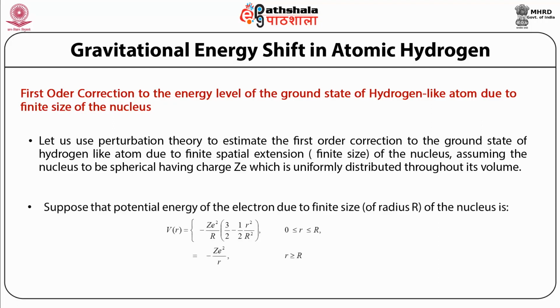Suppose that the potential energy of the electron due to the finite size of radius R of the nucleus, V(r), is equal to minus Z e square by R into (3 by 2 minus half into small r square by capital R square) when r stays between 0 and capital R, and is equal to minus Z e square by small r when r is greater than or equal to capital R.